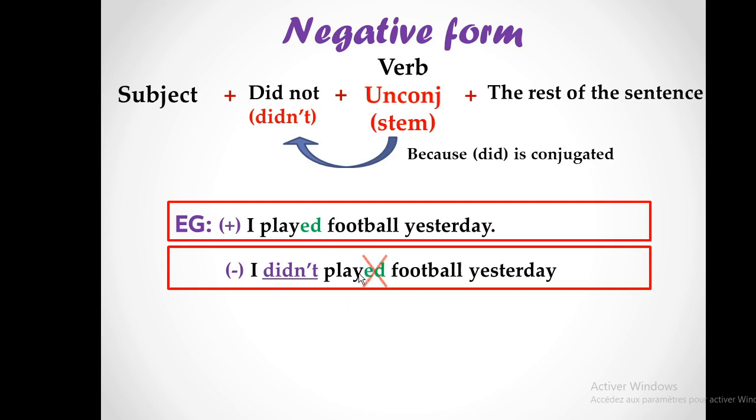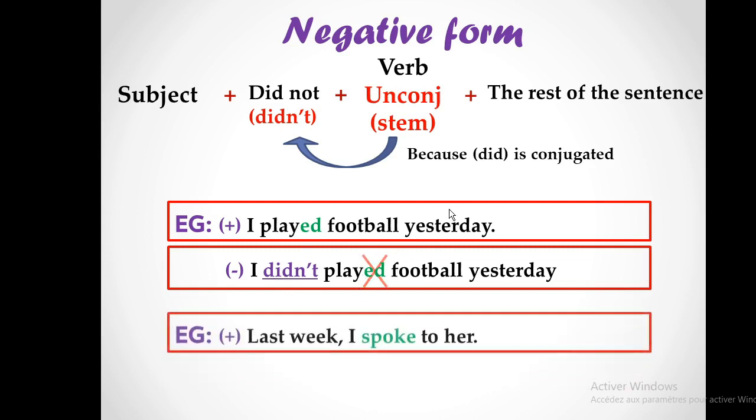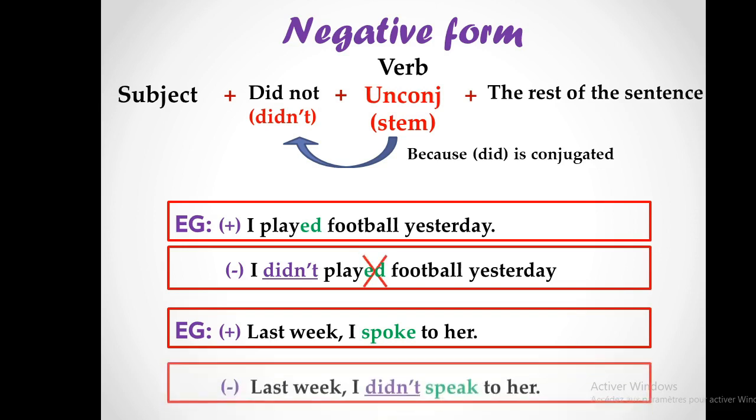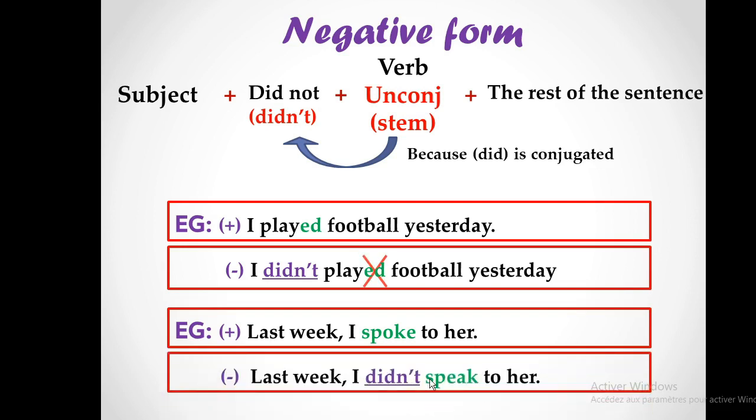So the verb here is unconjugated or stem. Second example: last week I spoke to her. Okay, do it. Hurry up. Let's see. Last week I didn't speak to her. Very good. So speak here is unconjugated because did takes the conjugation of the past.